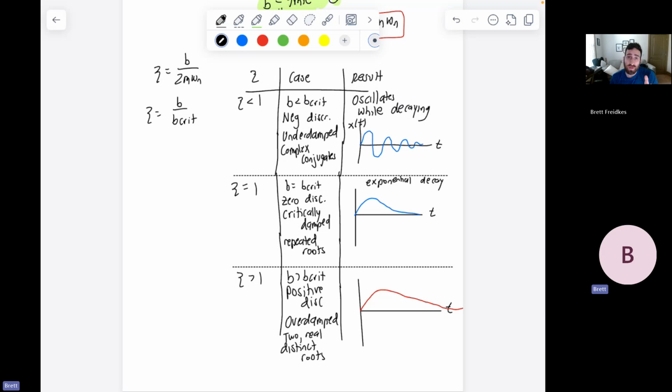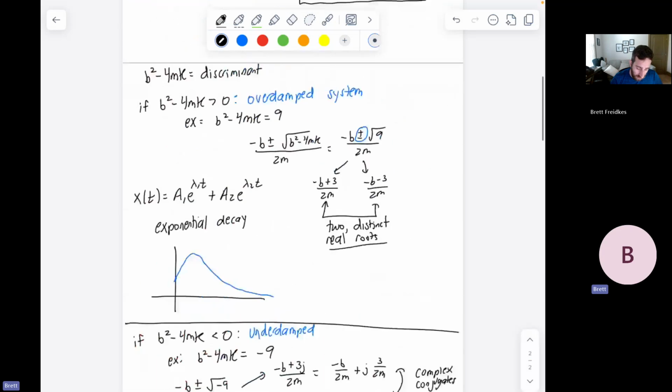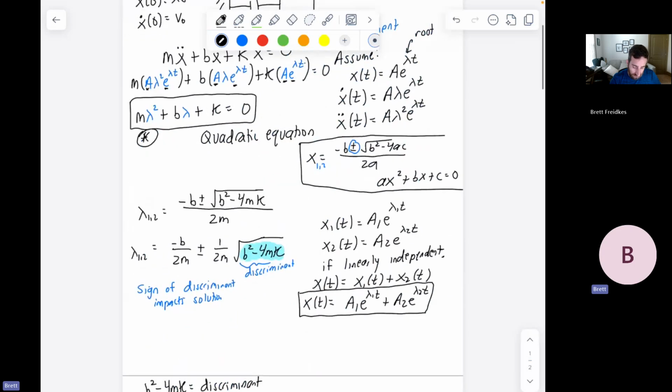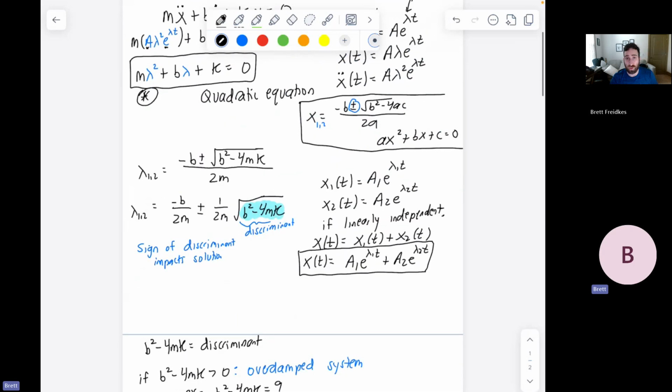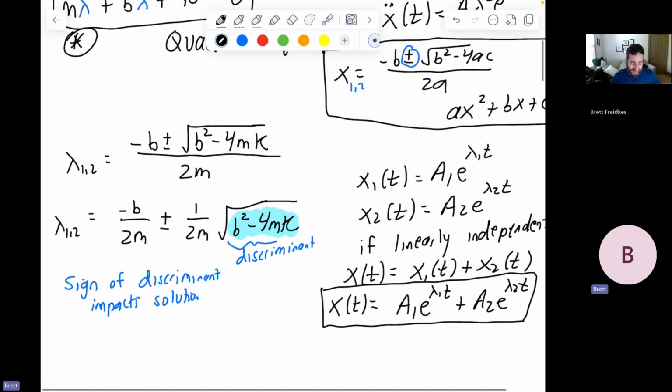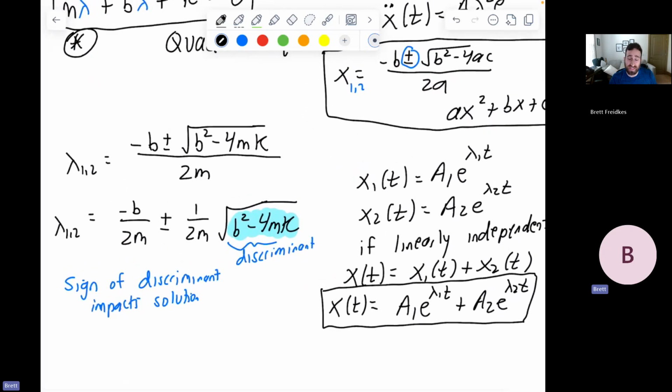Just to summarize, what we did was look at the solution to the differential equation using the quadratic formula. And the thing that has a huge impact mathematically and also physically is the b squared minus 4mk underneath the square root.